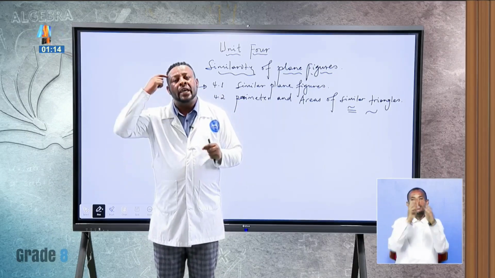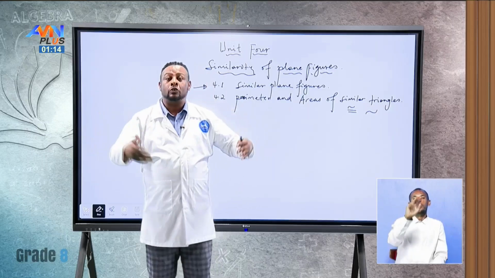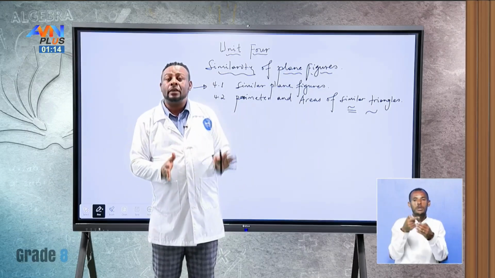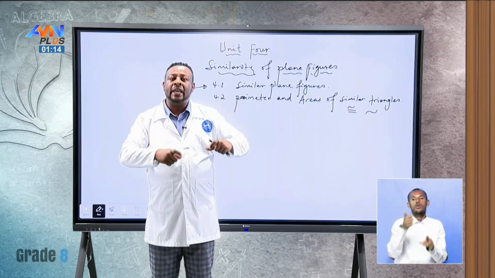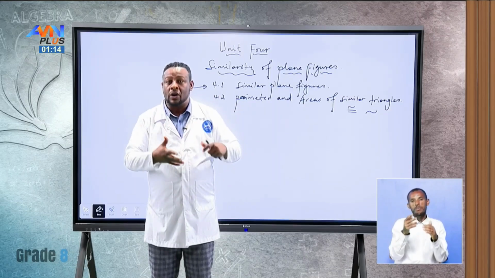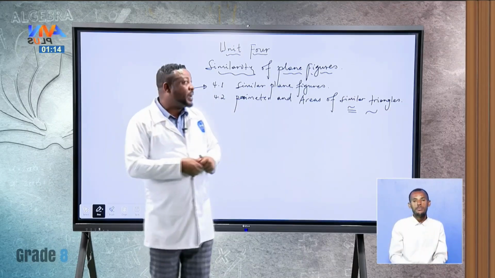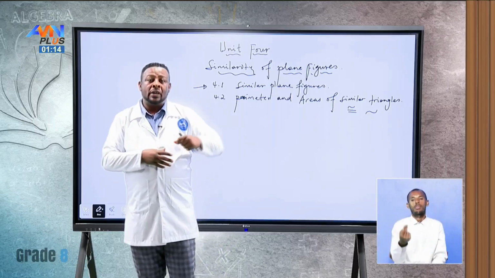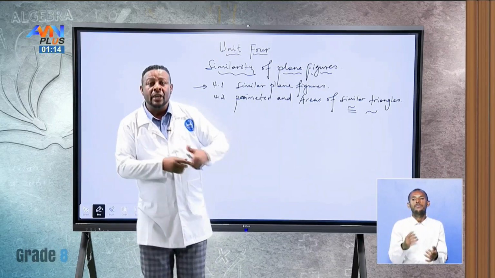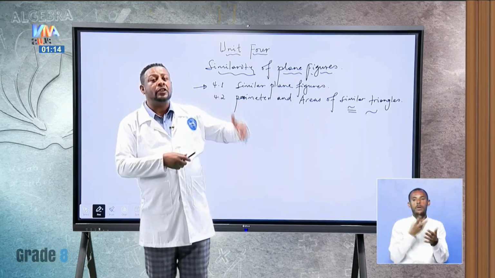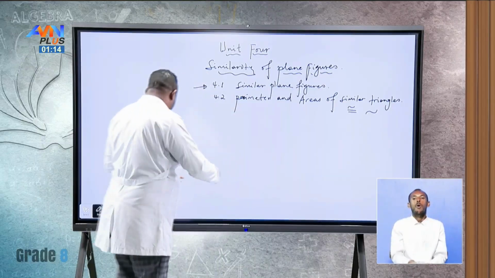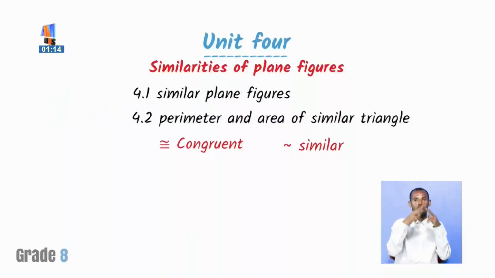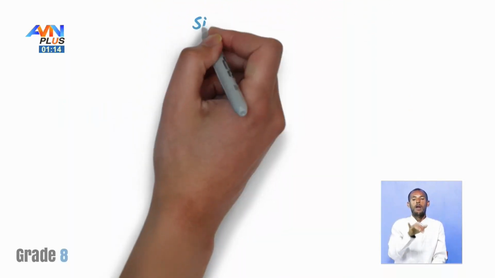Literally, two figures are said to be similar if they have the same shape. We don't care about whether the sizes are the same or not. Shape is very important. So in our discussion here, we will have a formal definition that represents similar polygons. Let's focus on similar polygons.